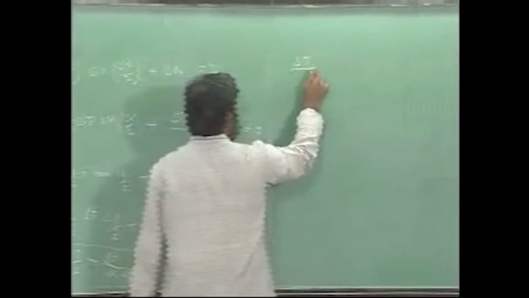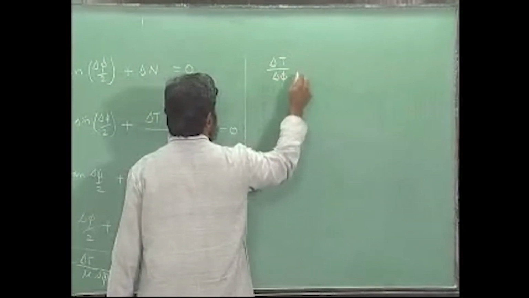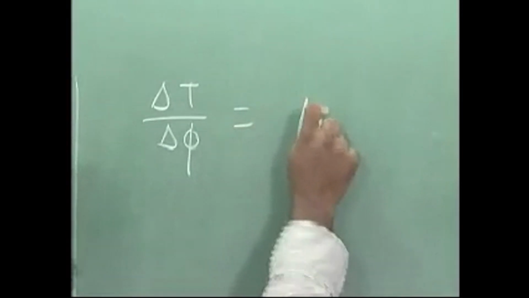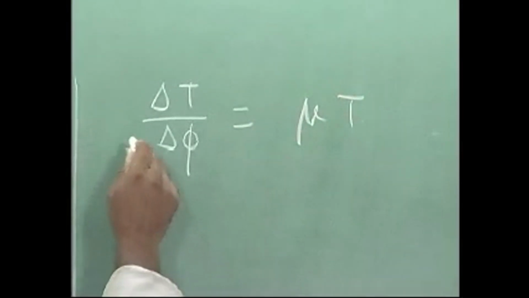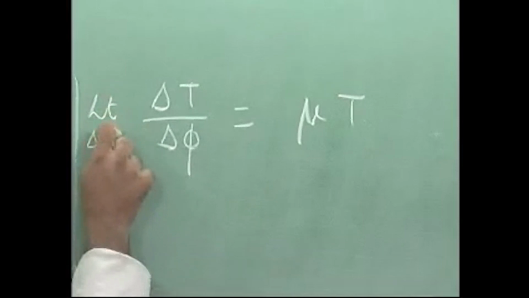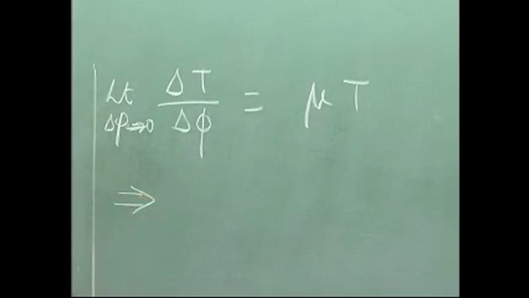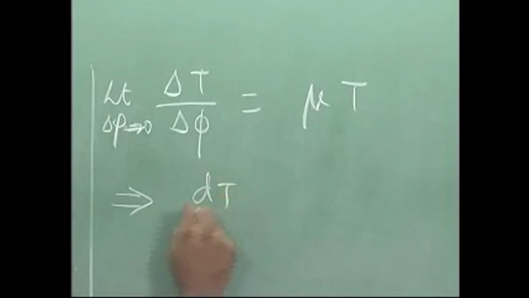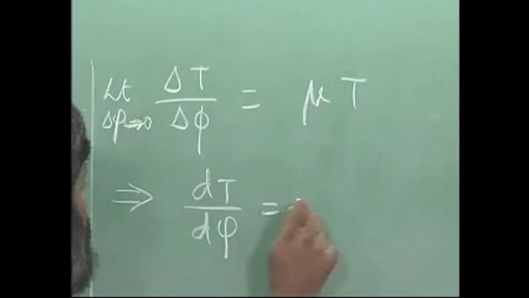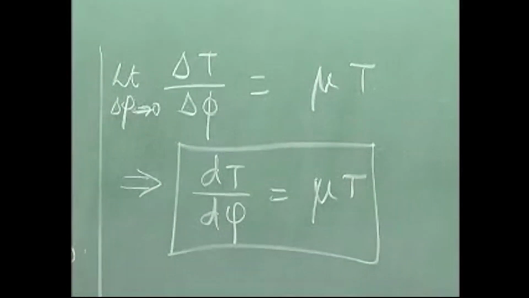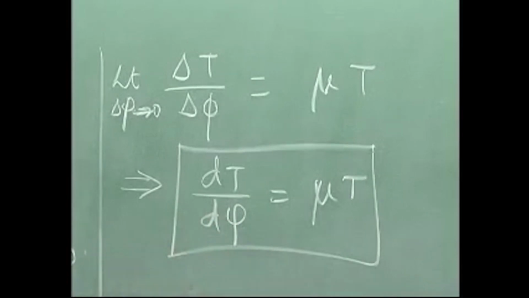delta T by delta phi is equal to mu times T, in the limit as delta phi tends to 0, which implies dT by d phi is equal to mu times T. This is an important relationship.